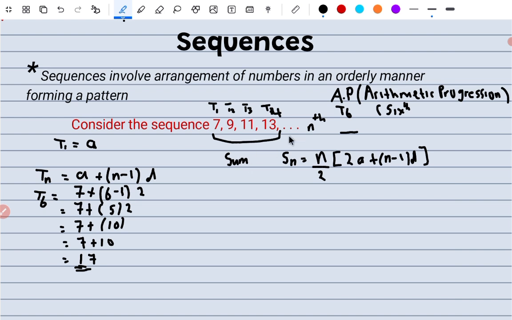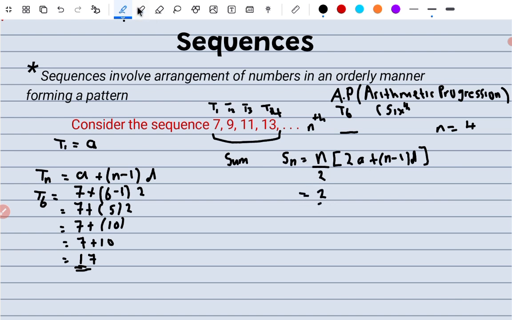So in this case, let's say they were asking us to find the sum of the first 4 terms, okay? So the first 4 terms, your n will basically be 4.